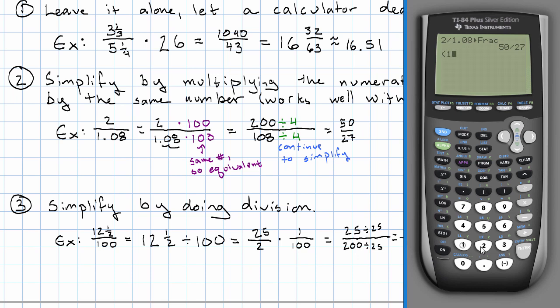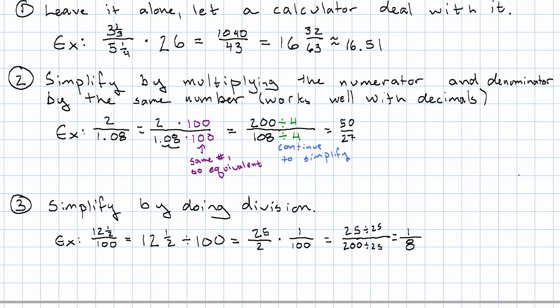Or we could take 12.5 over 100, convert the result to a fraction to get our 1/8. So perhaps a hybrid of these three options would be to use a calculator to simplify the fraction.